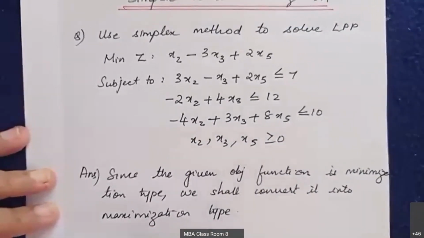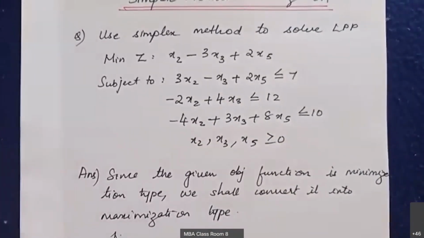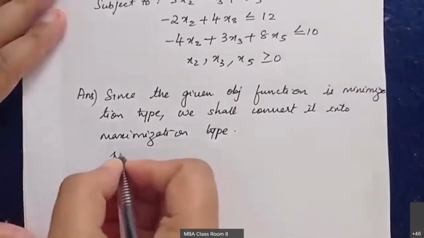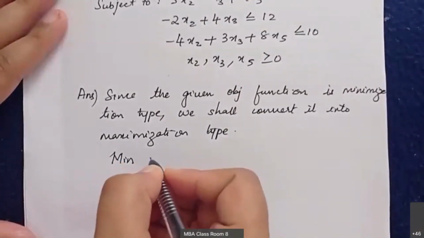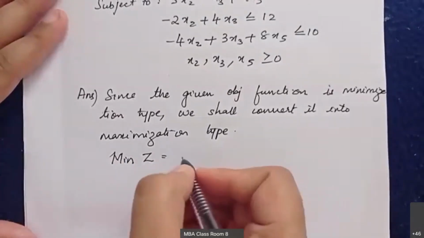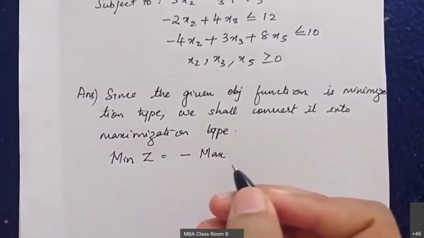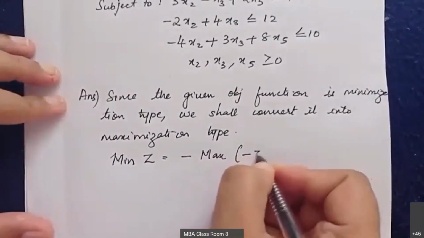And how do we do that? Minimize z is equal to minus of maximization of minus z.